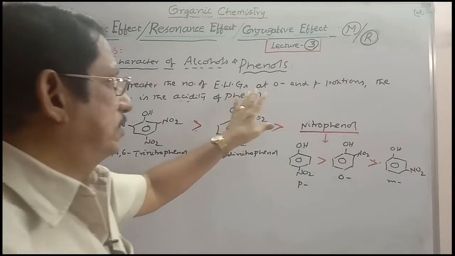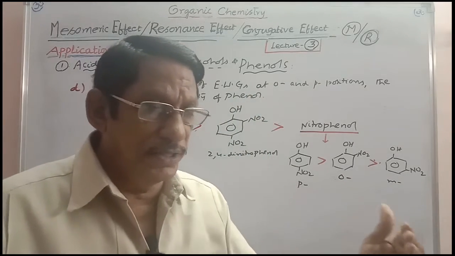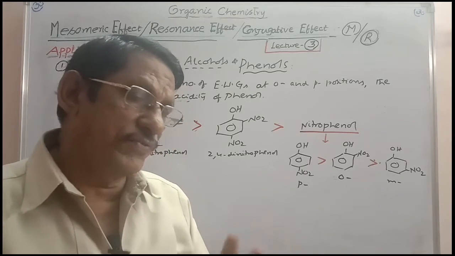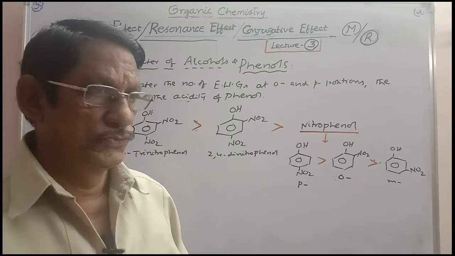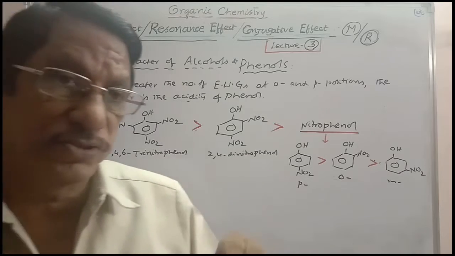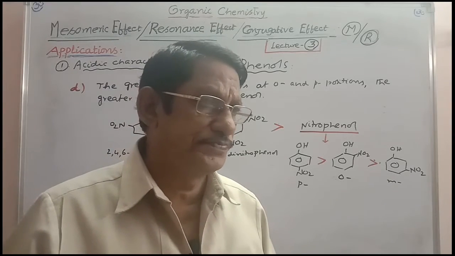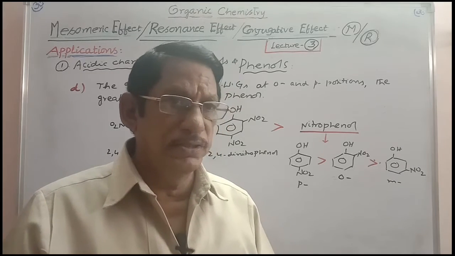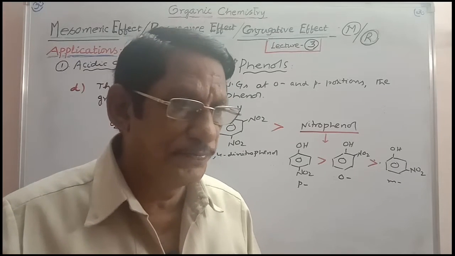The greater the number of electron withdrawing groups at the ortho and para positions, the greater the acidic character of phenol. The more the number of electron withdrawing groups like nitro at ortho and para positions, gradually the acidic character is increased.